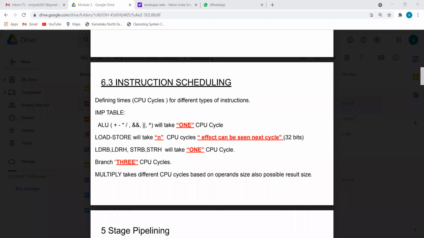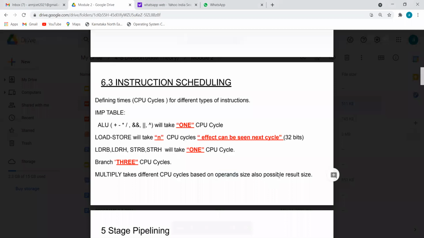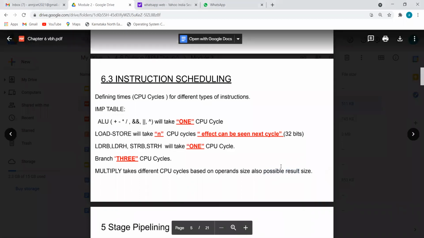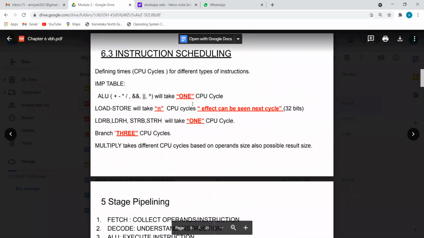It depends on operand size and the possible result size, because here both operands are 32 bit, but the answer is 64 bit. So definitely it would take more CPU cycles. Please remember all these values.